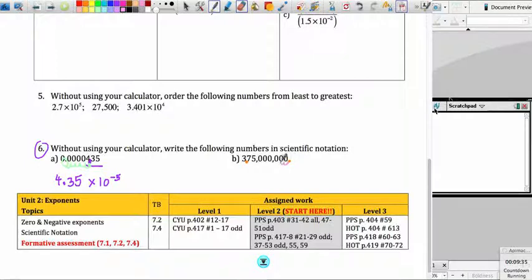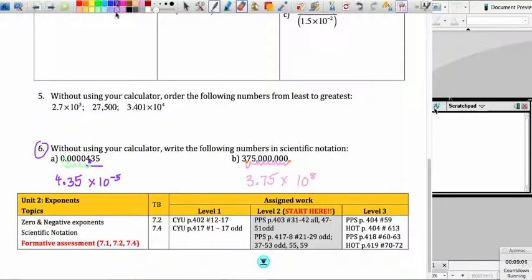So we have 1, 2, 3, 4, 5, 6, 7, 8 places, and so 3.75 multiplied by 10 to the power of 8. This time, of course, I leave it as a positive because my number to begin with was not a decimal, not a number between 0 and 1. So that's how you write numbers in scientific notation.